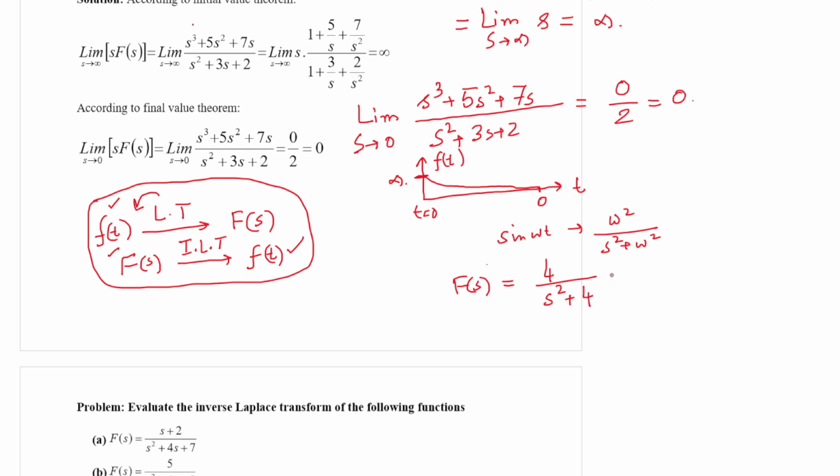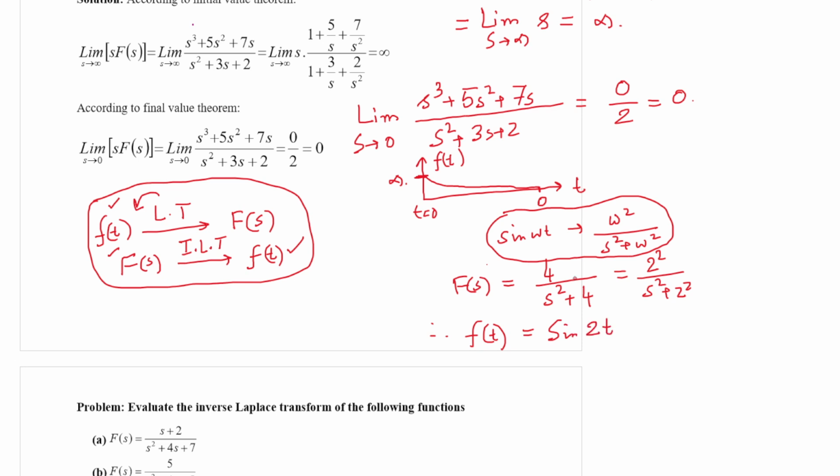Basically it can be written as 2 divided by s square plus 2 square. If you remember this transformation rule, the Laplace transform of sin(omega t), you can directly write that if F(s) is this, then f(t) must be sin(2t), where omega here is equal to 2.